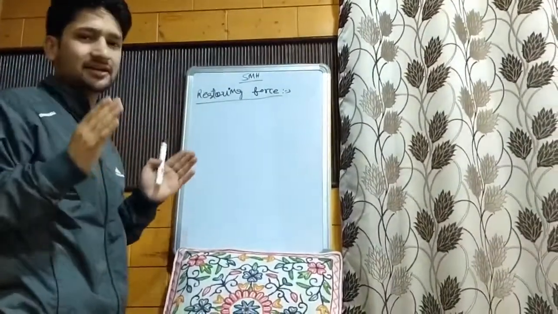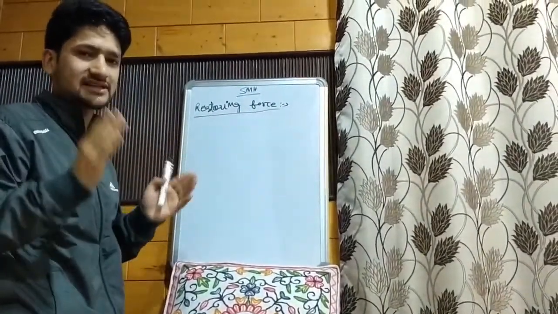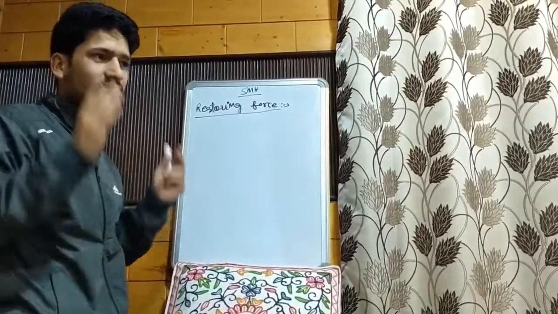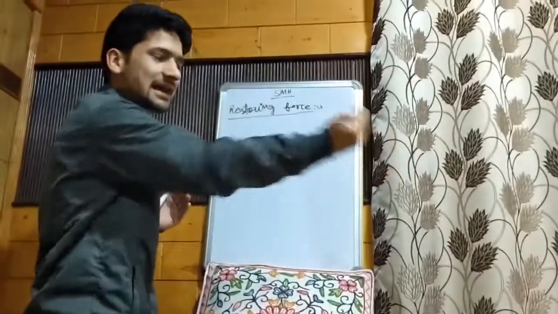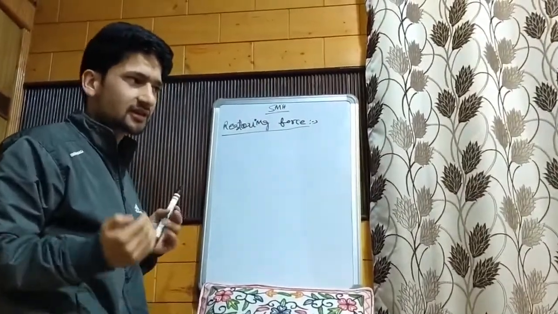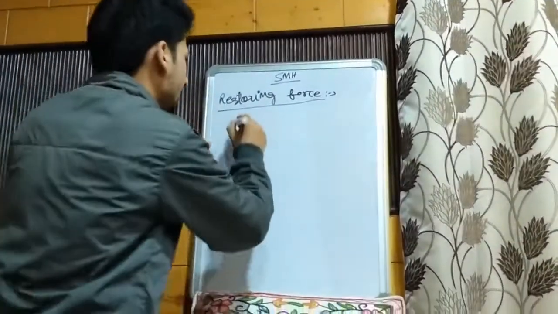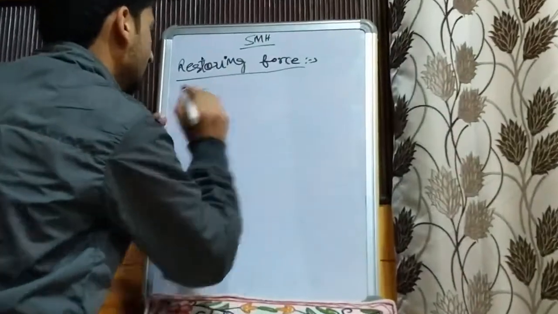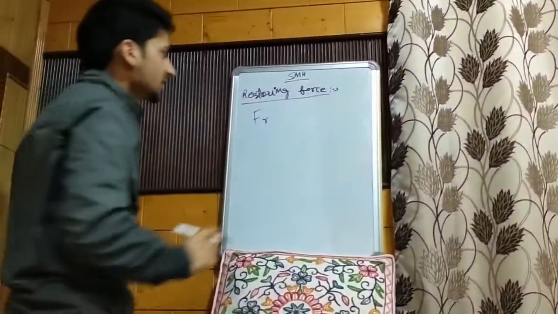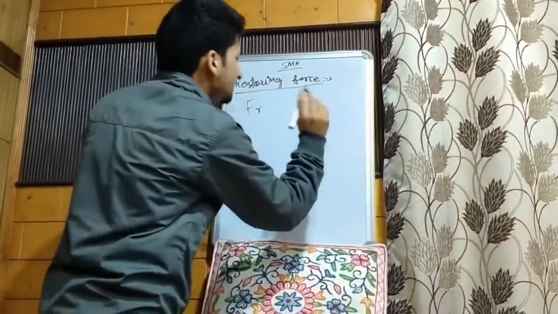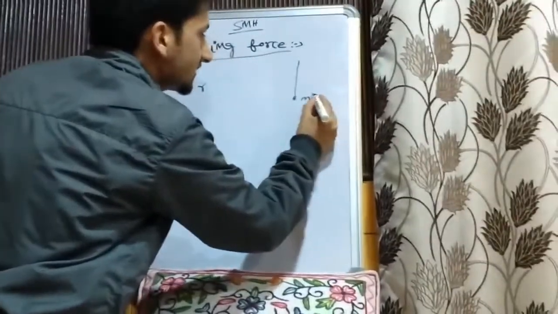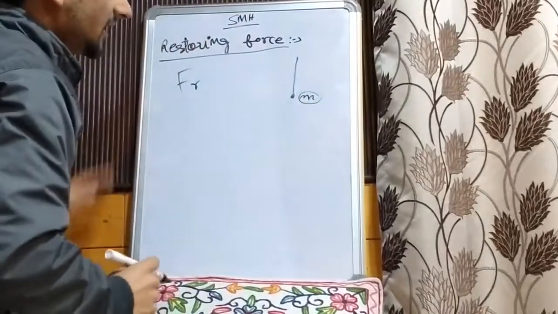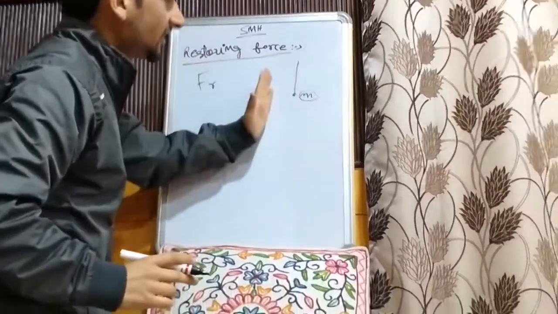That force, we call restoring force. So restoring force is a sort of force which tends to bring the body back to its mean position, and this force is denoted by Fr.